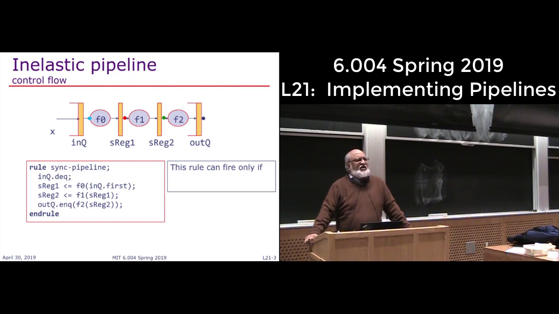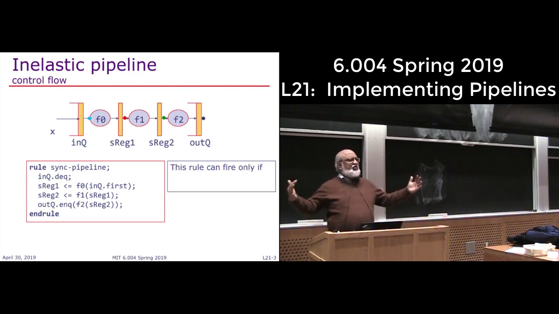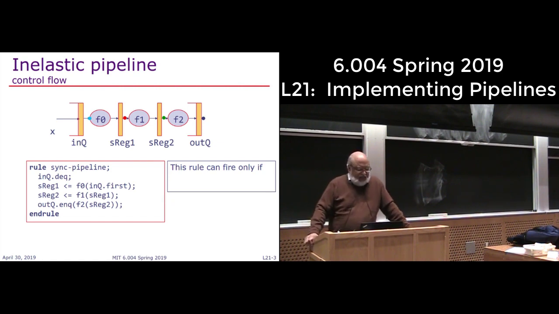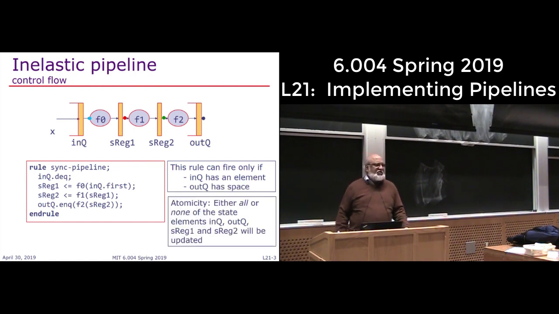So this rule can fire only when there is something in the input queue and the output queue is not full, because it's all synchronous. It moves like this. So there has to be something here and there has to be space there. That is the control flow. If you're going to use this pipeline, you will be imagining something like this, right? The input queue has something, the output queue has space. And as I said, atomicity: all the actions on the registers and queues will happen simultaneously, in one shot, one clock cycle.